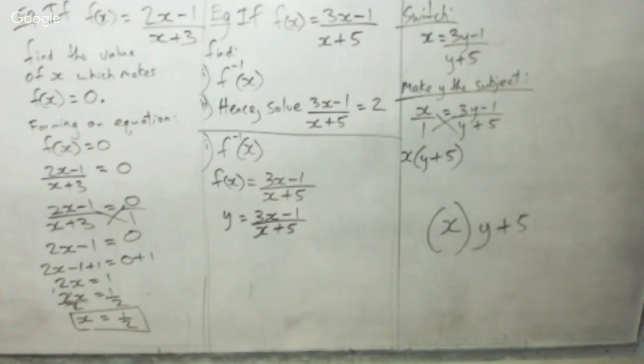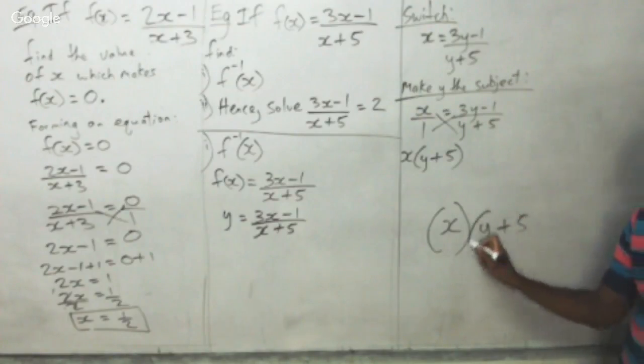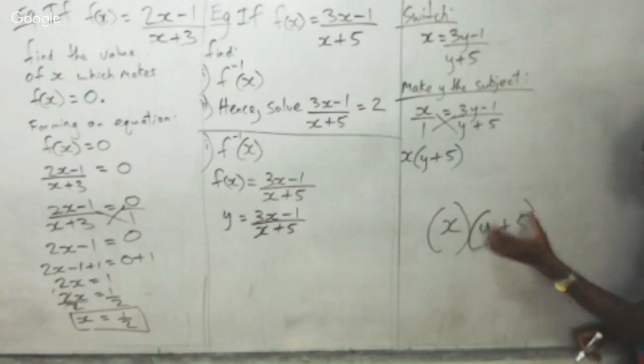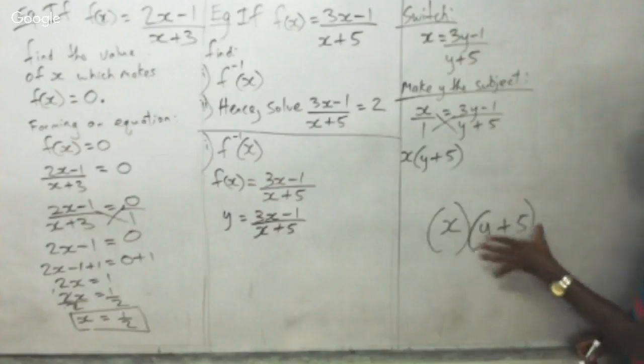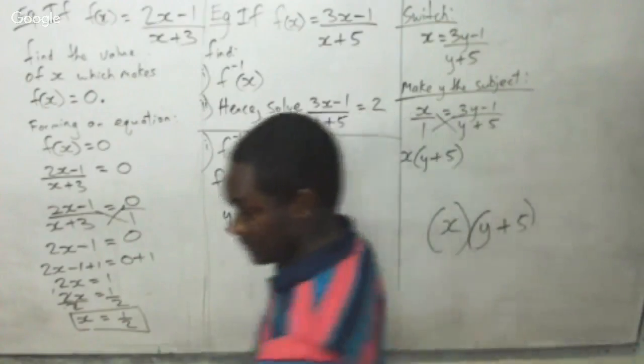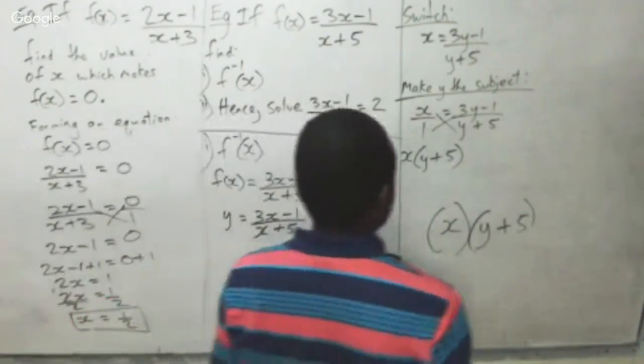What is being multiplied by x? Y only. So you realize that this is one entity, one expression. If you want to write two sets of brackets, fine, but you have to have a bracket for this. Please don't make those mistakes.